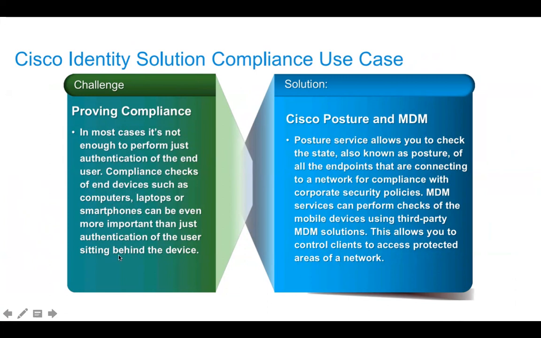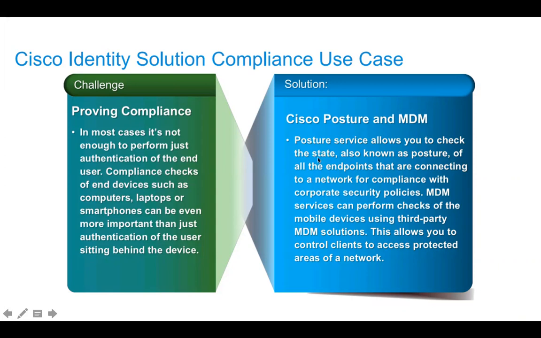Cisco ISE gives you a solution which is called posture service. Posture service allows you to check the state of the device, the state of the end user. What is the state? Which Windows he is using, whether that Windows is updated or not, which antivirus he is using, whether that antivirus is updated or not, whether the browsers are updated or not.